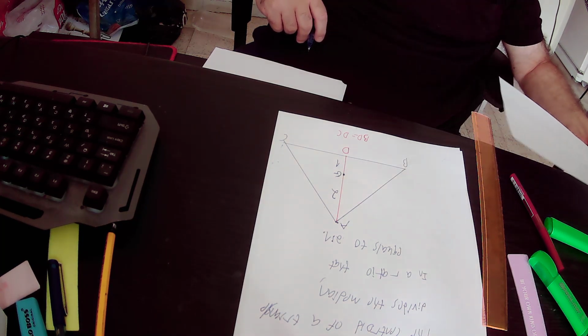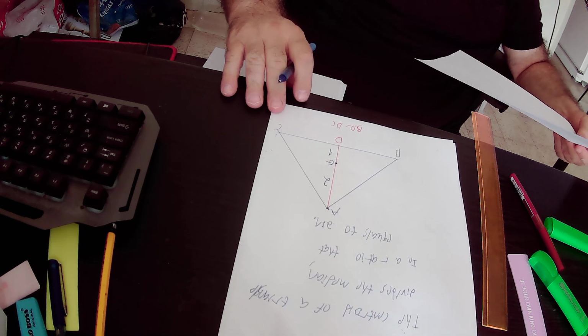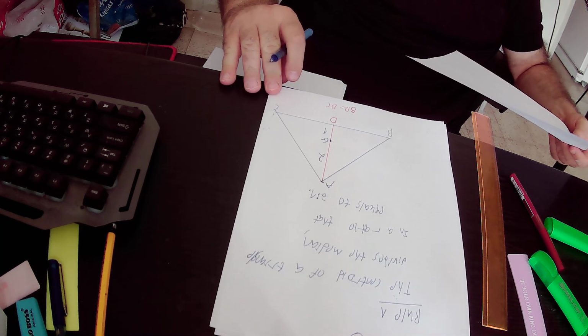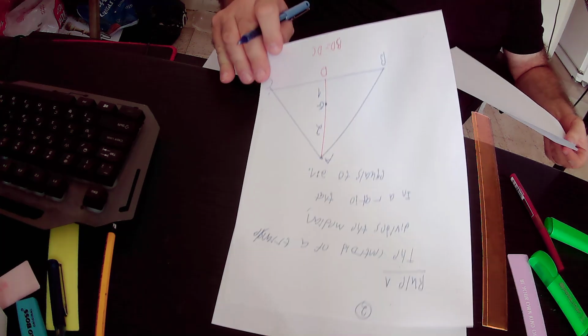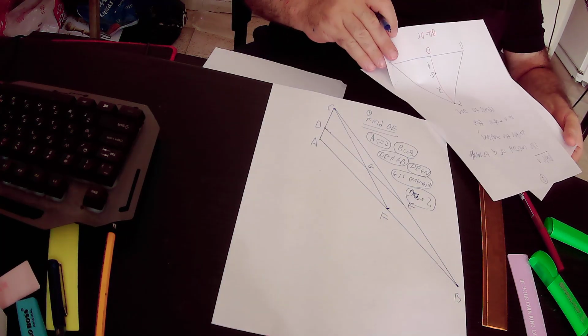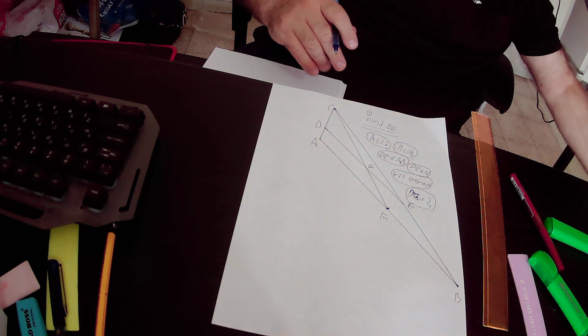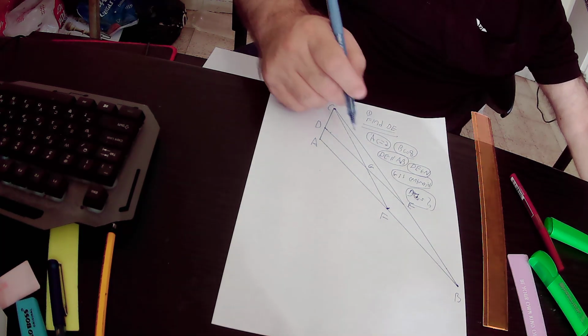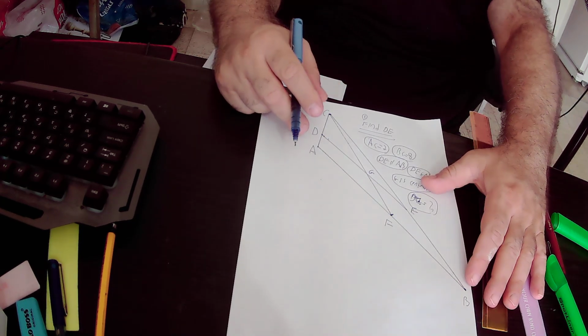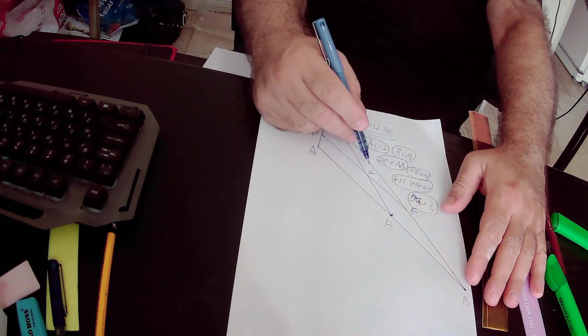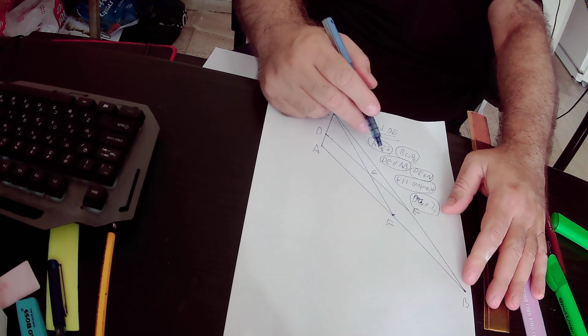So we actually can implement rule number 1 in our drawing, because in our drawing we know that point G is the centroid of triangle ABC, according to what is given in the question.